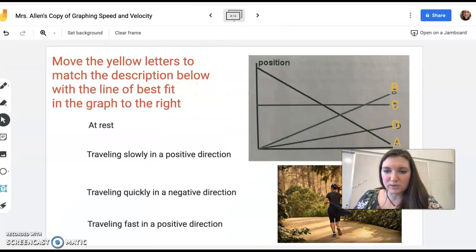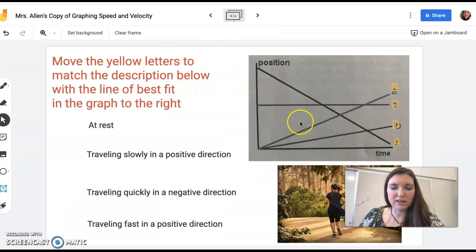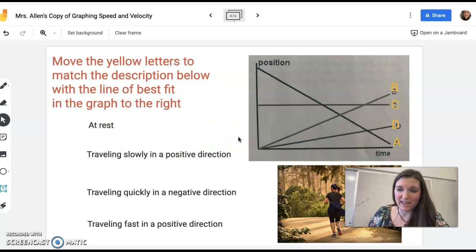Okay, so now let's look at this one. We're going to move the yellow letters to match the description with the line of best fit in the graph to the right. So when we have something that's at rest, that means that as time is increasing, that y value is not changing. The position is staying the same as time is going by.